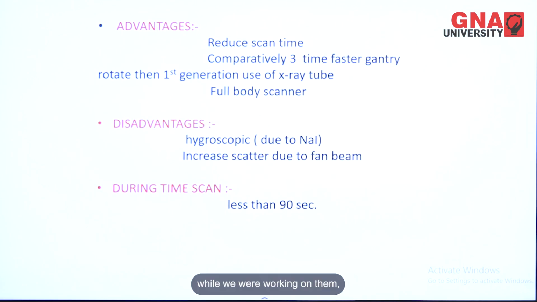Means while we were working with them, they would acquire moisture from the atmosphere, with which a miscalibration will happen to the detectors, and they will require regular recalibration. Even after a few uses, we needed to replace these detectors. The next disadvantage is scattered radiation due to the fan beam.